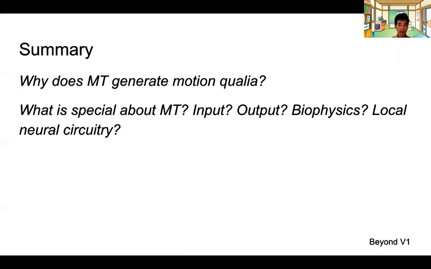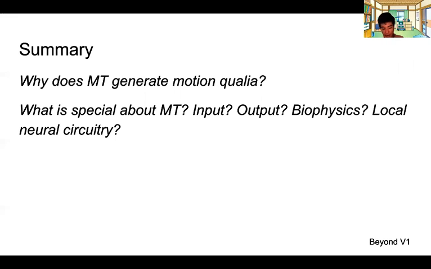And also another likely scenario, at least what I think, is that local neurocircuitry, which is related to all these layer structures and also neuron excitatory and inhibitory populations, and also columnar organization, all of these are potentially related to the key to the explanation of why MT generates motion qualia.